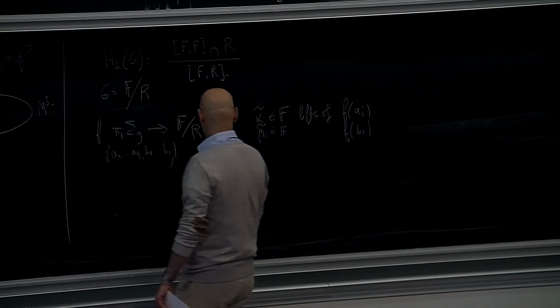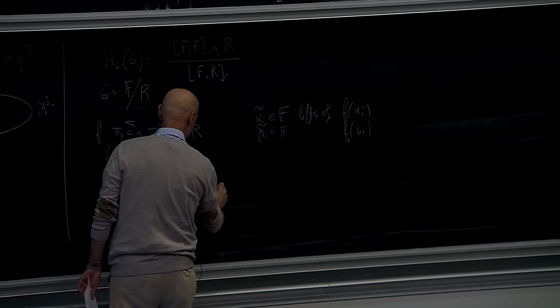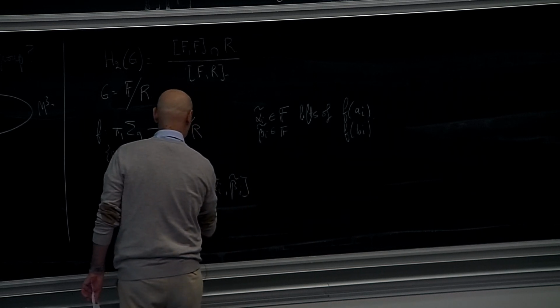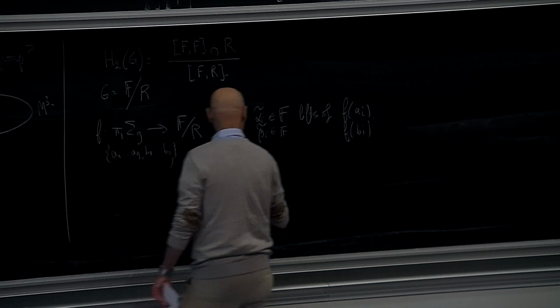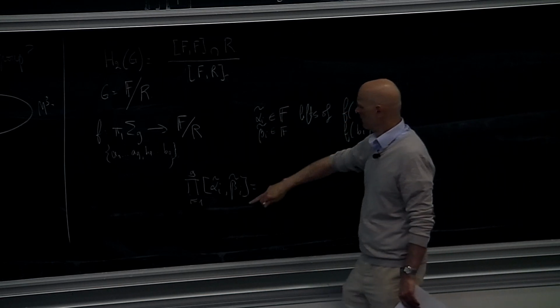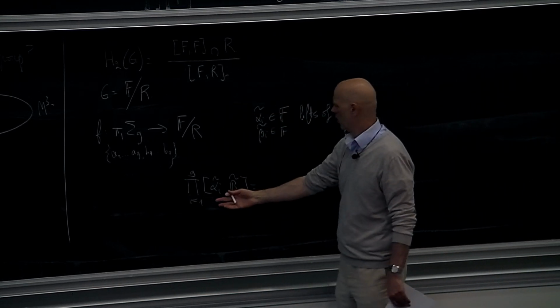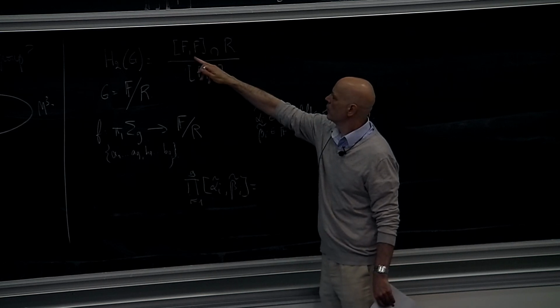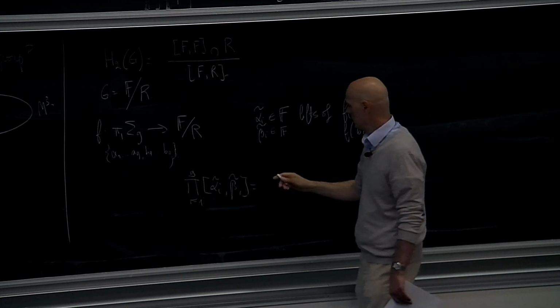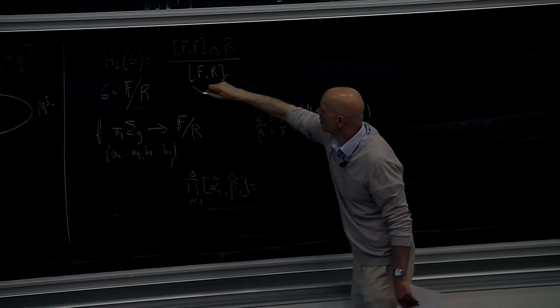Then you take the product of commutators of alpha i tilde, beta i tilde from 1 to G. And this is an element which is in the commutator subgroup. It's also a relation because it's a pi 1 of surface, and actually it should belong to this subgroup.